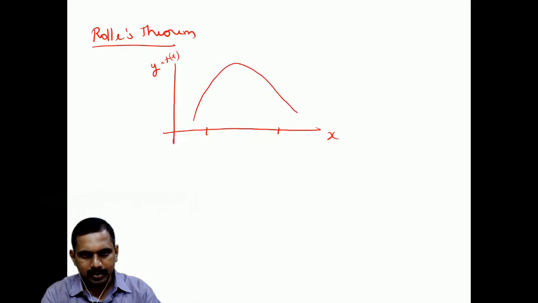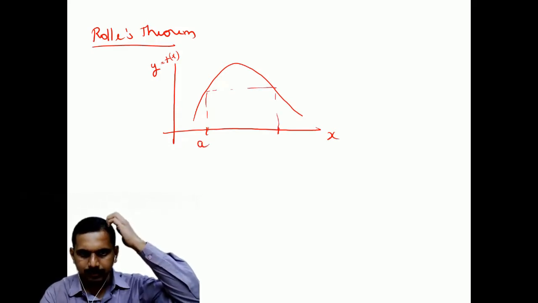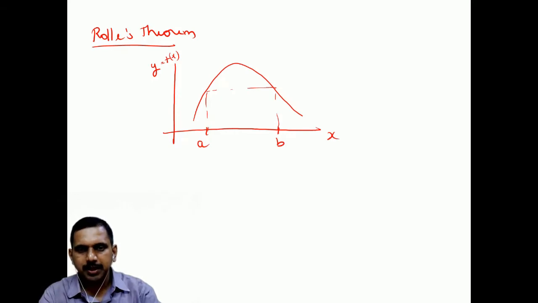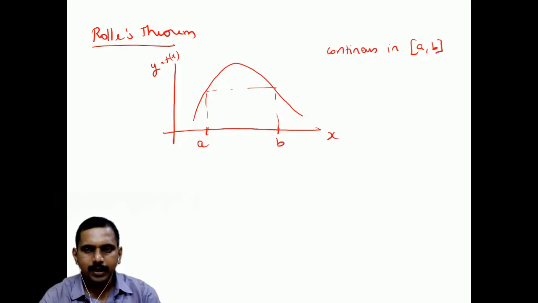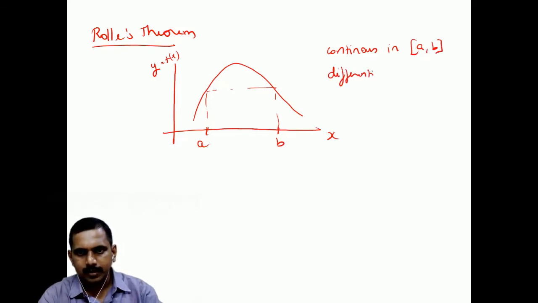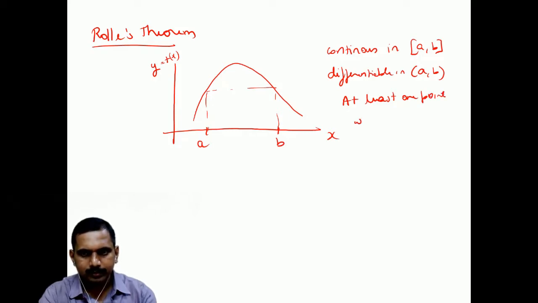Suppose you have a function like this, and between two points a and b, between the closed interval a and b, it is continuous, and differentiable in the open interval a b.